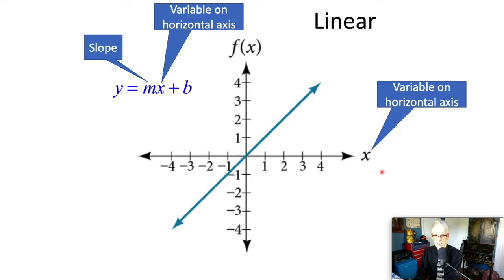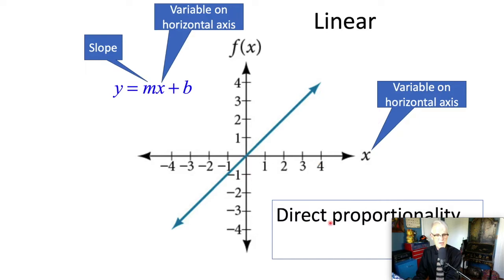Mostly what we'll be seeing in looking at motion is that the horizontal axis will be time. Now this shows direct proportionality. As x gets bigger here, y gets bigger by a factor of m.